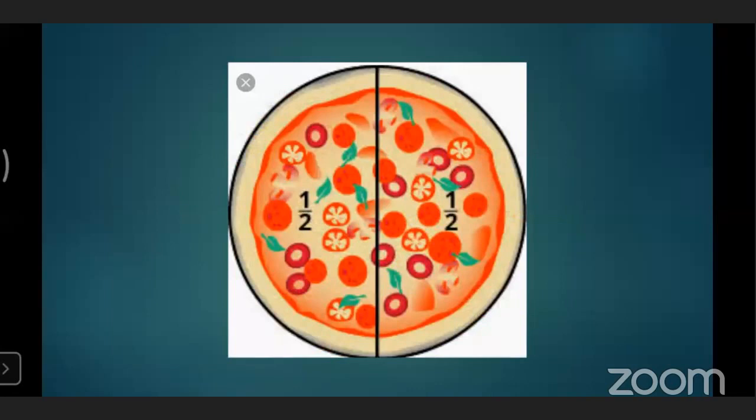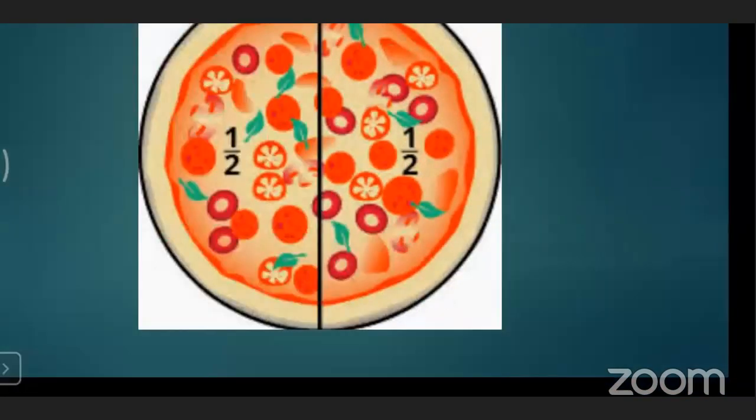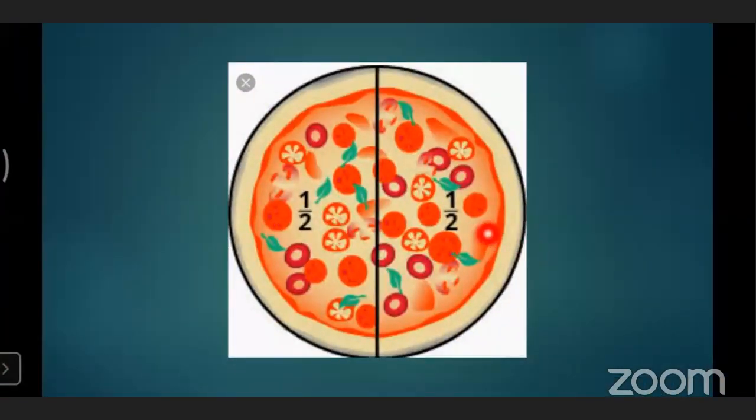You can see in this picture, one pizza is there, and this pizza is divided by this line into two equal parts. So this is one part and this is the second part. This is the half part of the pizza and this one is the other half.